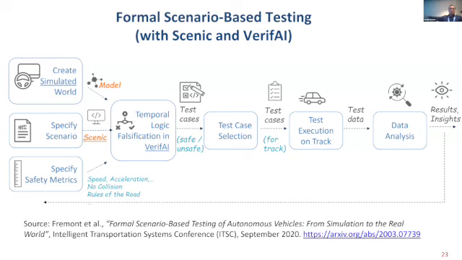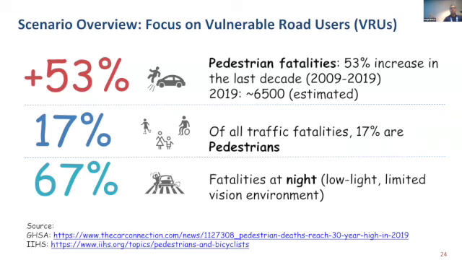All of this is reported in that ITSC 2020 paper listed below. But I'll just give you a 3 or 4 slide overview of this. So the particular scenario we looked at was an autonomous vehicle pedestrian crossing scenario, in particular because of the importance of pedestrian safety, especially for autonomous vehicles, but also in general for all kinds of traffic.